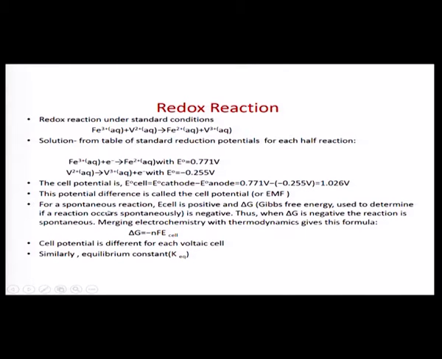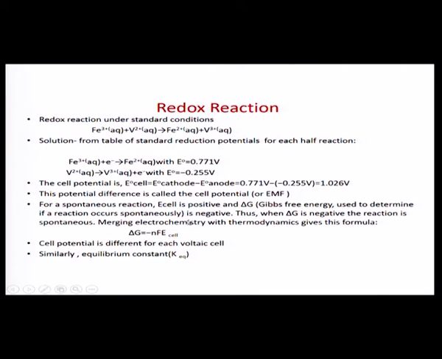And for a spontaneous reaction, E cell should be positive. That means the free energy, the thermodynamic parameter we already discussed. The relationship between the free energy and the cell potential is delta G equals minus n F E, where E is the electromotive force of the cell.